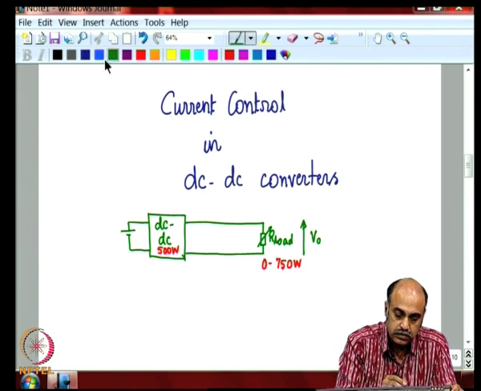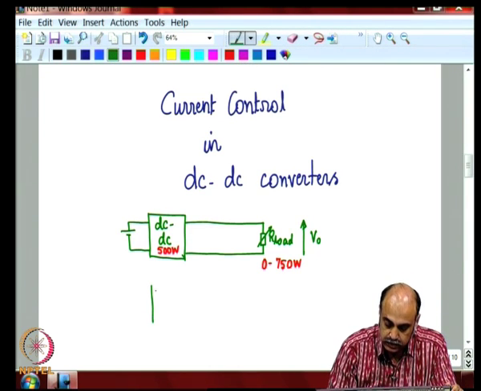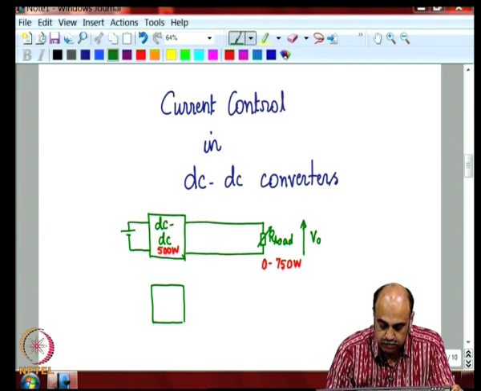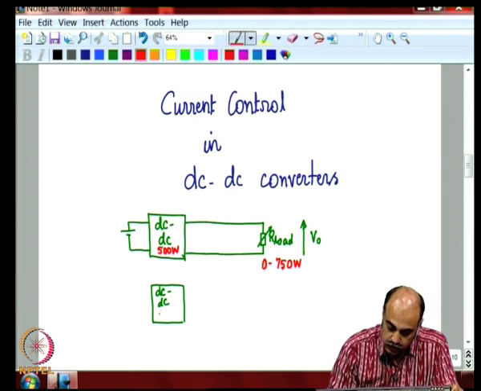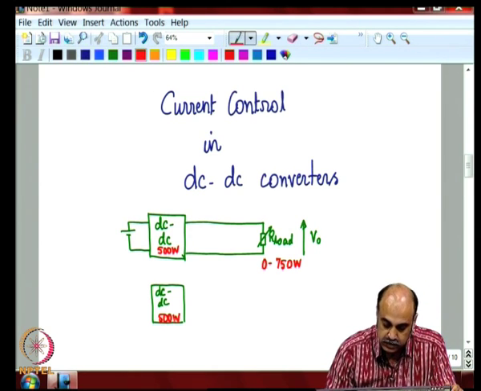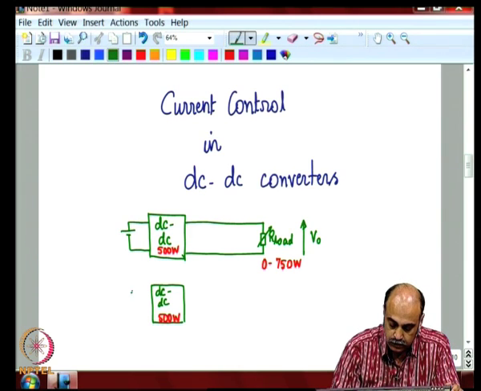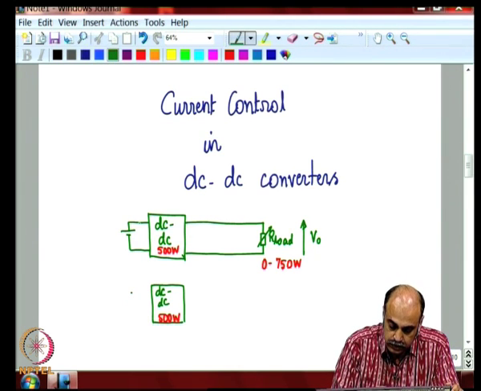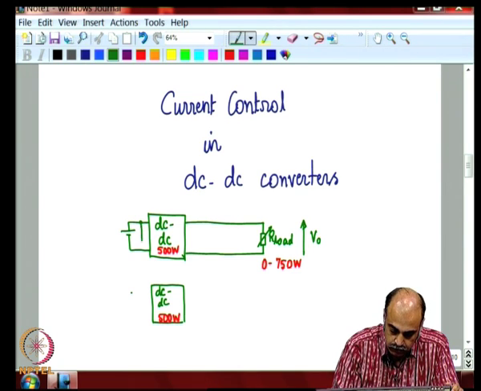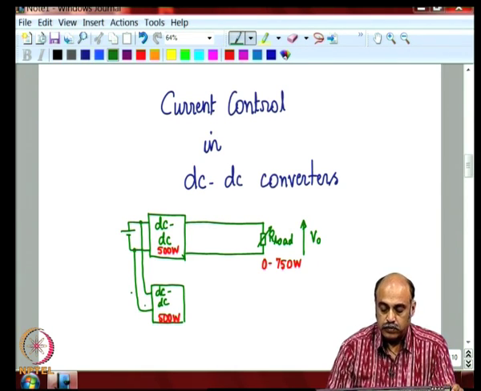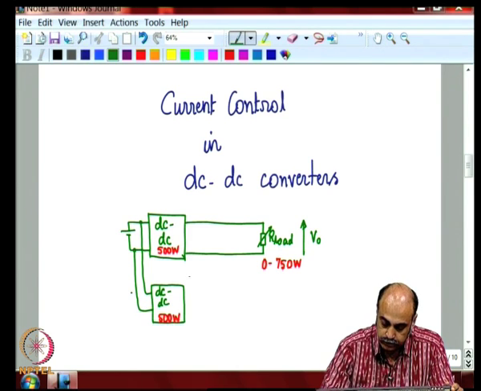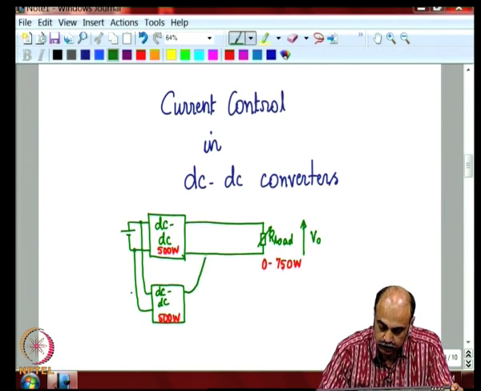one possibility is to have another same identical DC-DC converter, and that is also rated for 500 watts nameplate, and let us say it is drawing from the same battery or another battery for the input, and the output is paralleled like this.